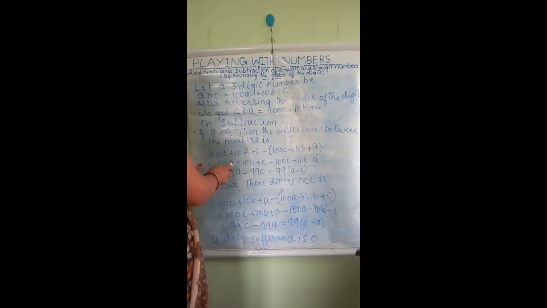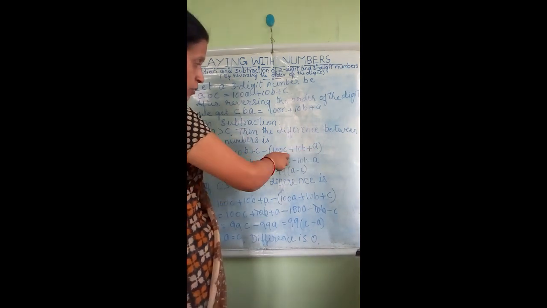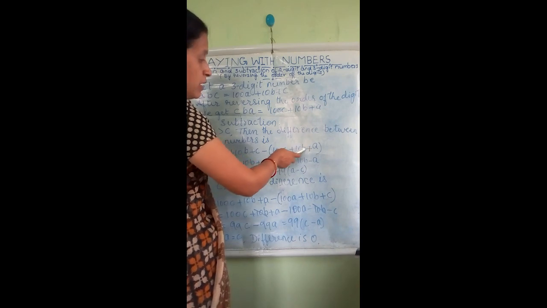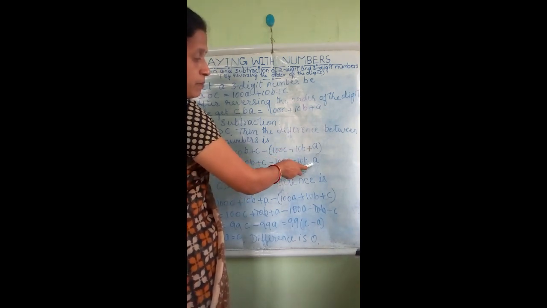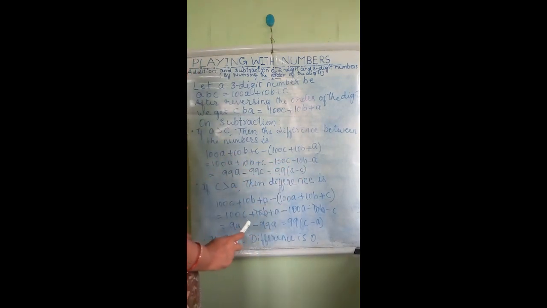Now 100A plus 10B plus C minus the bracket; open that bracket. At that time all these plus signs will change into minus signs: minus 100C minus 10B minus A.